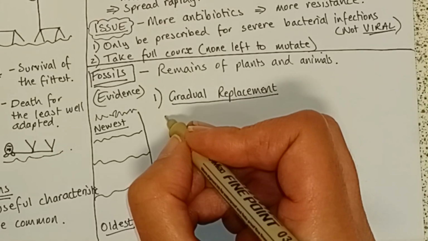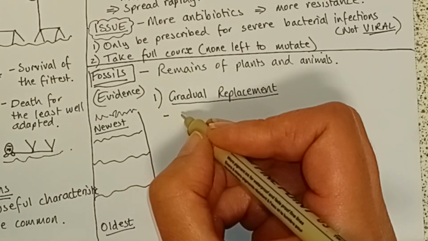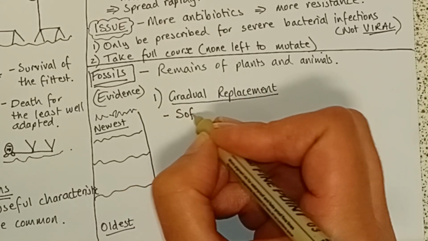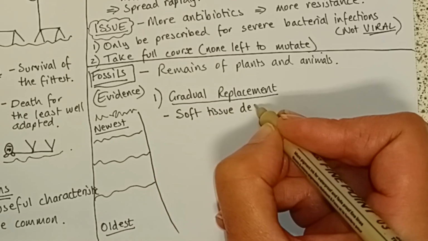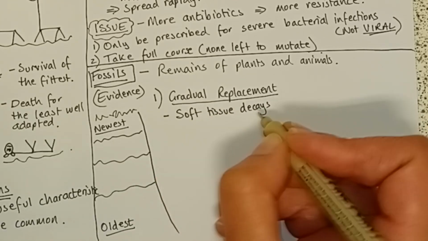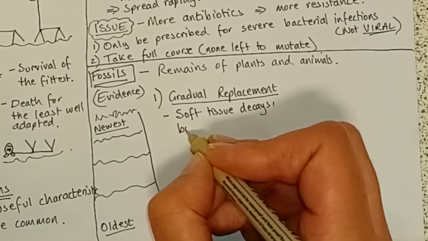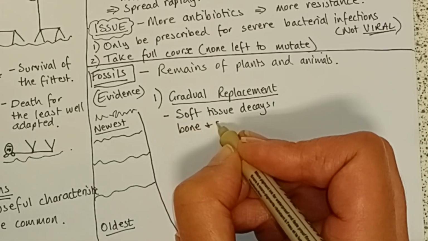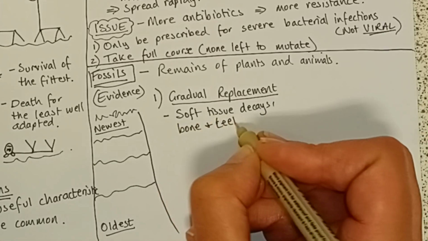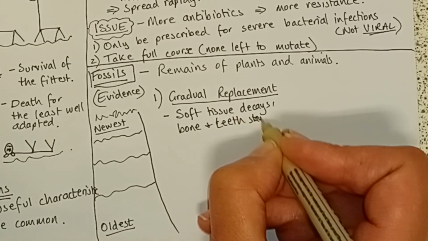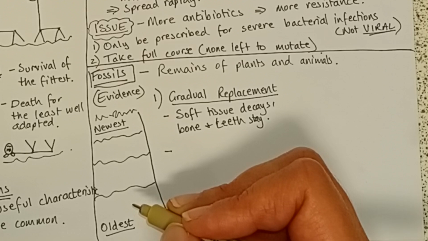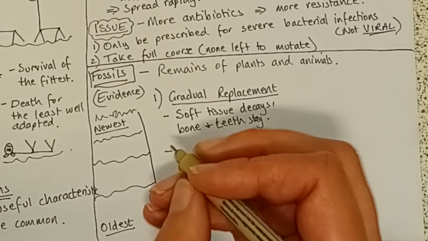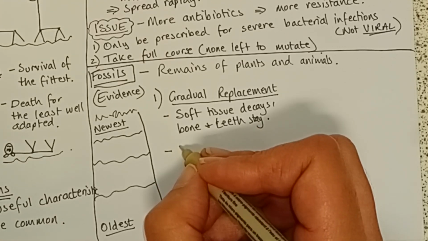So when an animal dies or a plant dies, the soft tissue decays, rots away. But hard parts like bone and teeth stay. When the animal dies, particularly in an aquatic or a water situation, they get buried in sediment.